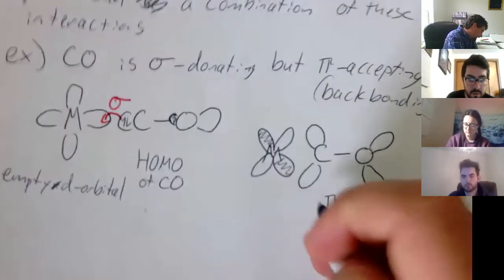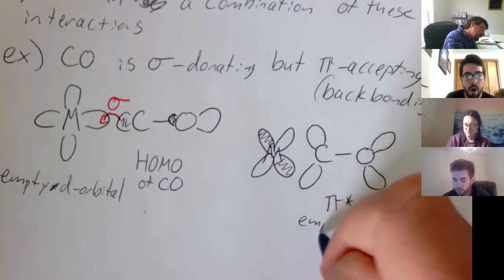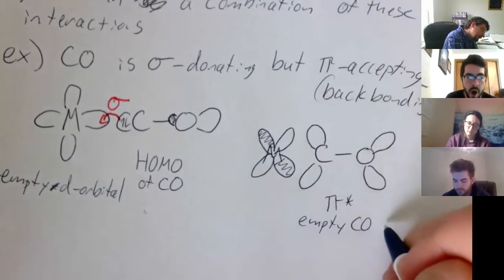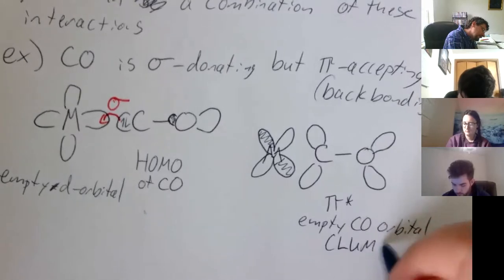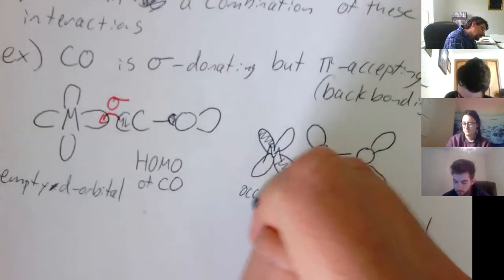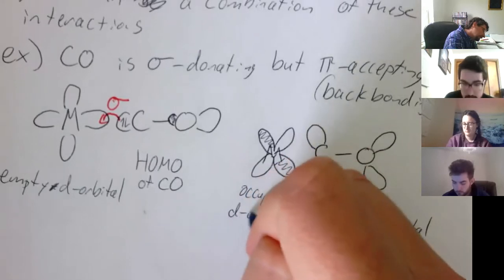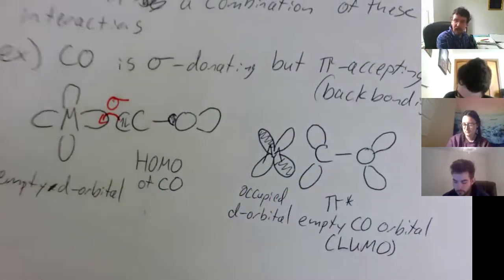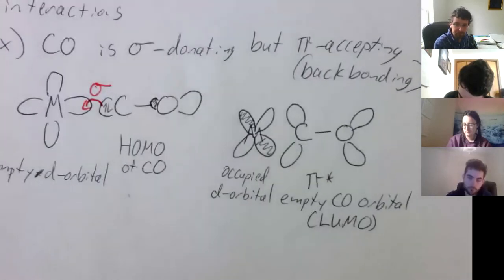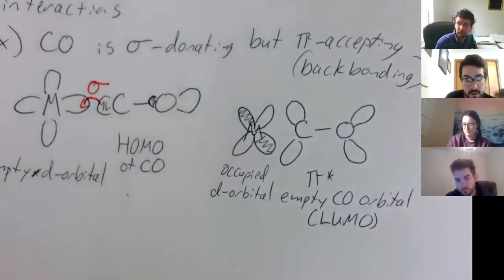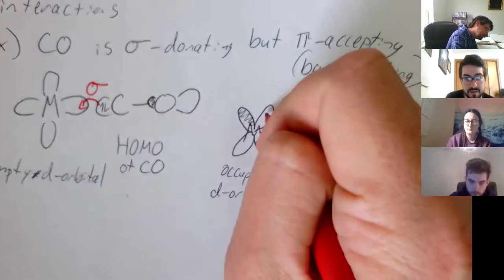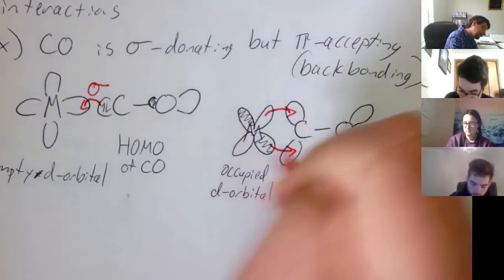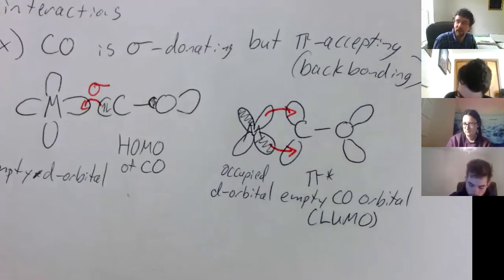Color that in. All right, then we got pi star. So this is an empty CO orbital, which is the LUMO of this system. And this is an occupied d orbital. So what's going to happen in this case? It's going to pi accept, so from the metal, it's going to be in phase and it's going to pi bond, I guess. Yep. So electron density is donated from the metal to the carbon monoxide.